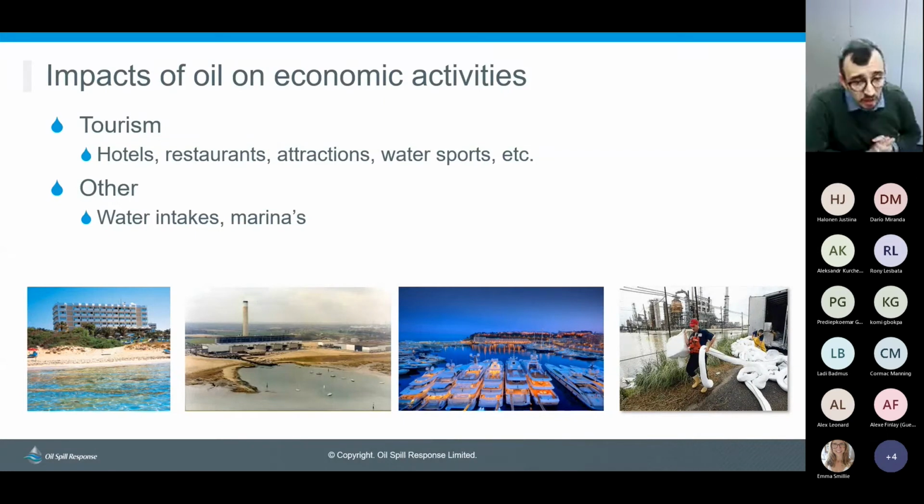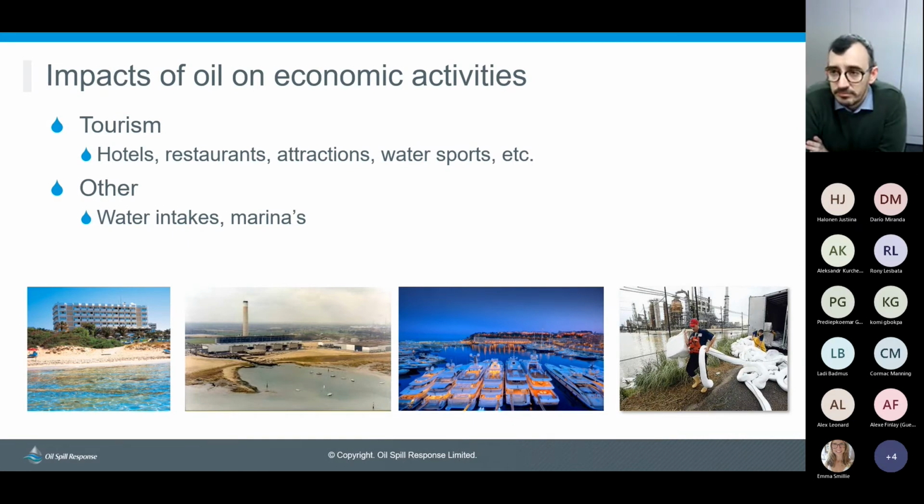So moving on and moving away from fishing and mariculture, we understand that fishing and mariculture are vulnerable to the impact of marine oil spills, but there are also other sectors we need to consider. One such area is tourism.